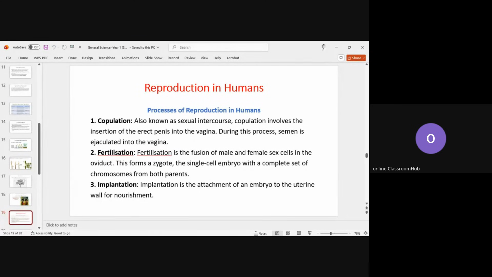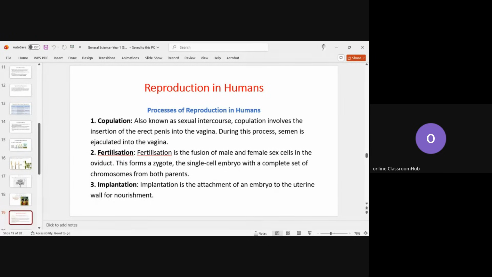So in reproduction in humans, the first step is copulation. Copulation, also known as sexual intercourse. So in humans, for reproduction to occur, the first thing we have to do is to copulate.